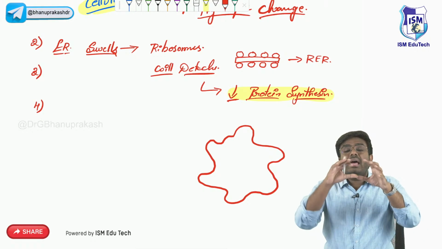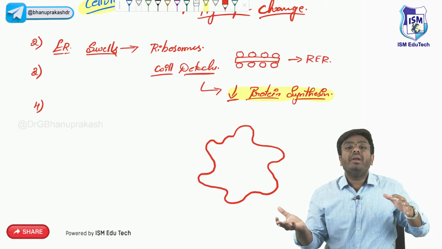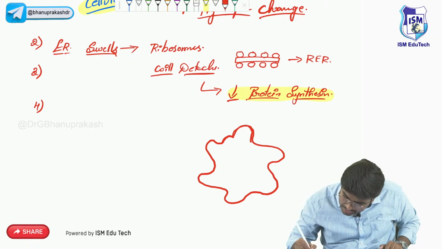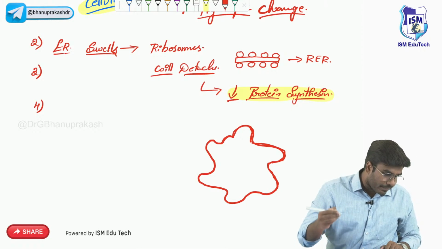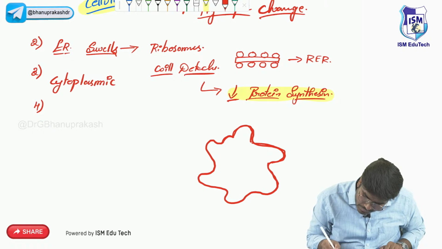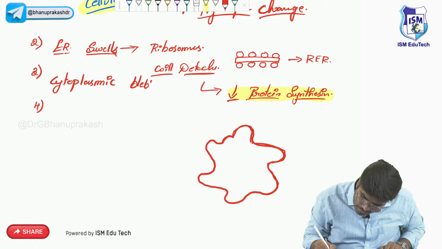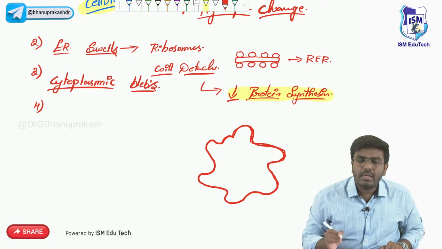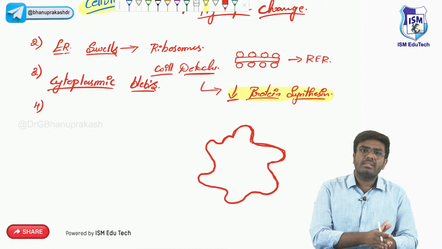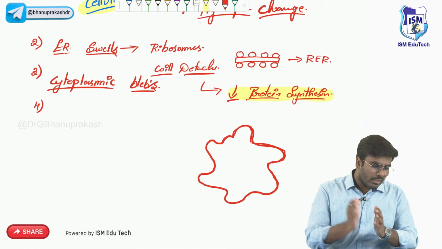It's producing the extra membrane to accommodate the extra water. These extra pouchings are called cellular blebs, or cytoplasmic blebs. So cytoplasmic blebs are seen in reversible cell injury. Endoplasmic reticulum swelling, reversible cell injury. Hydropic change, reversible cell injury.